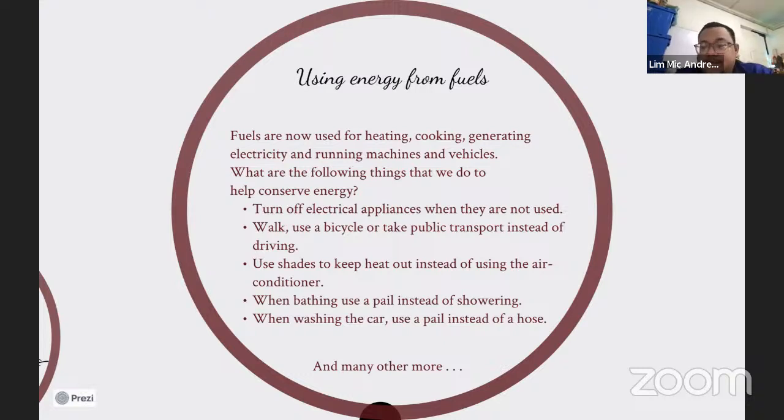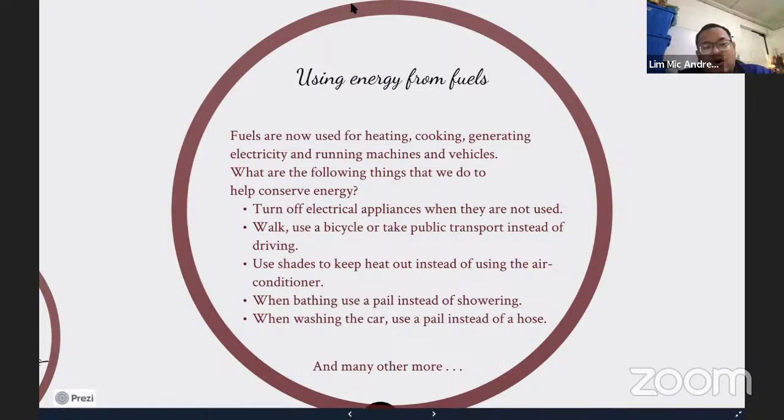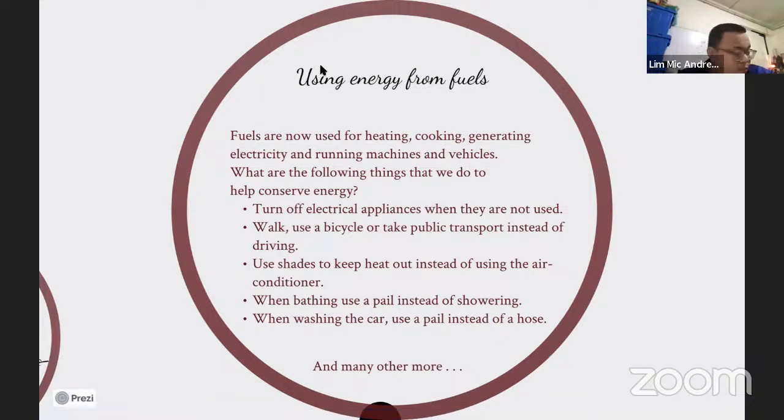So how can we extend this expiry date? There are a few steps. Number one is we turn off all electrical appliances when they are not in use. If possible, we walk or use a bicycle or take public transport instead of driving. Use shades to keep heat out instead of using aircon.